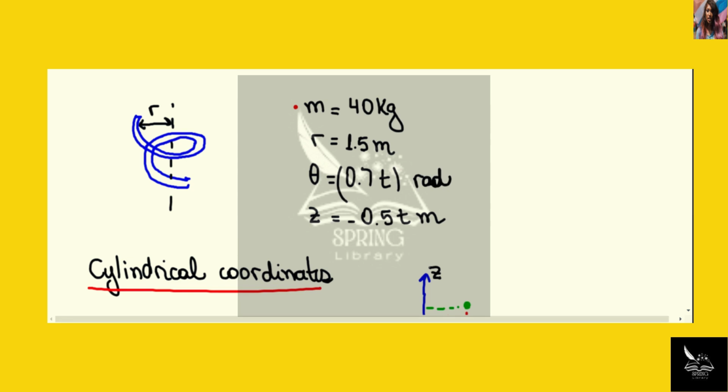And z, its vertical position, is equal to minus 0.5 t, and this is in meters. Okay, so what we need to calculate is the components of the force, so Fr, F theta, and Fz, that are exerted on the boy by the slide at time t equals 2 seconds.